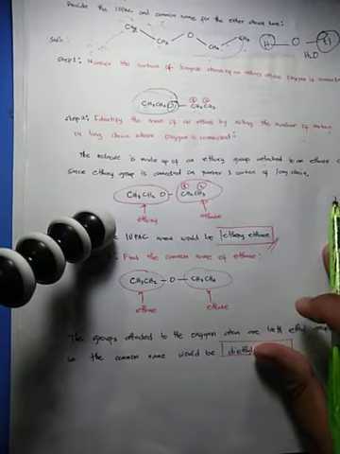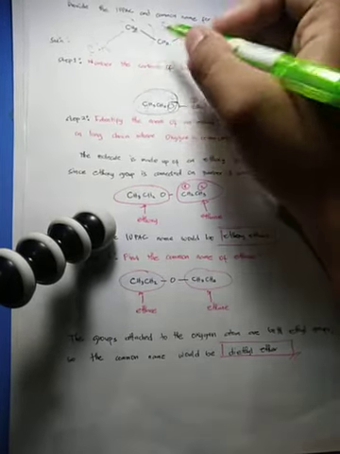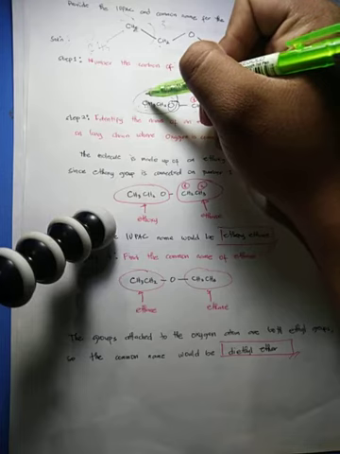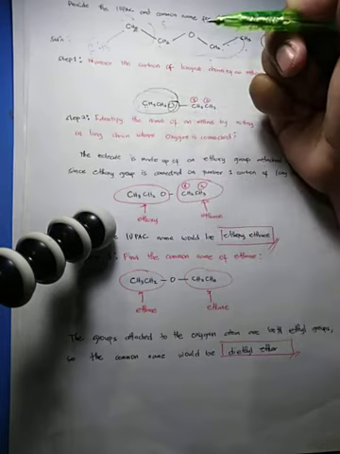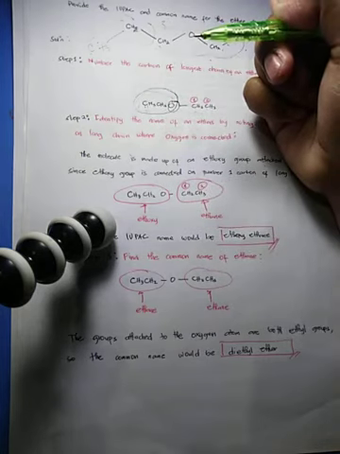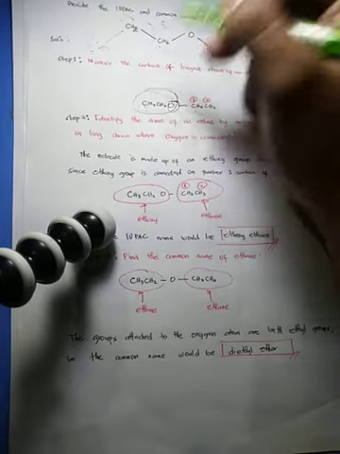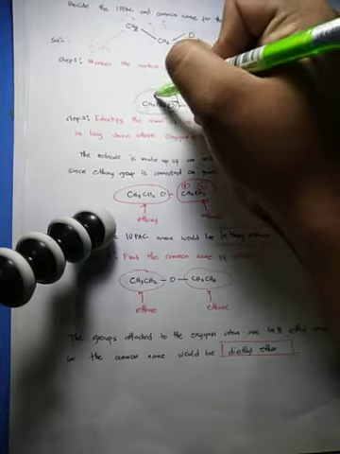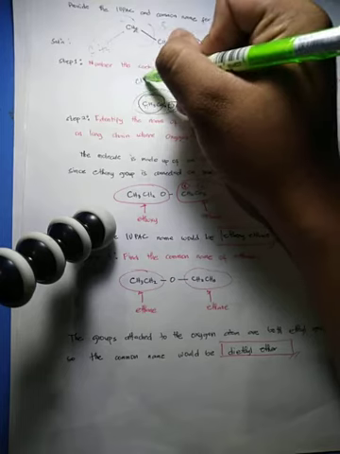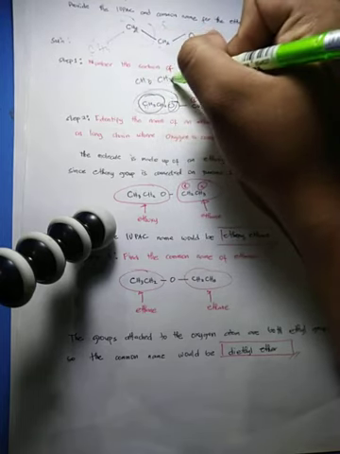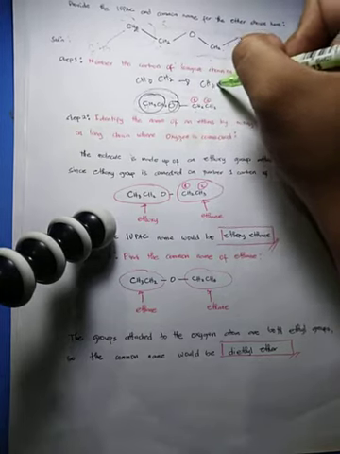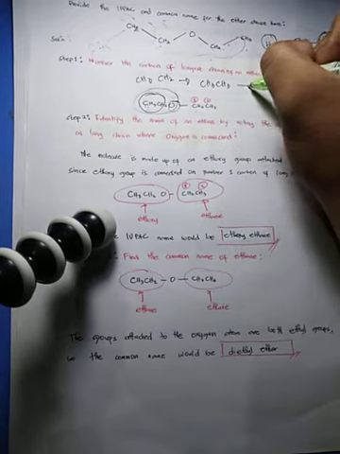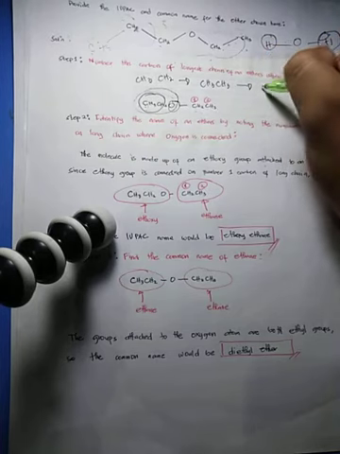Bakit pala ethyl group, sir? Kasi di ba supposedly itong part na to, itong CH3, CH2, this would be derived from CH3, CH3, yun yung tinatawag nating ethane.